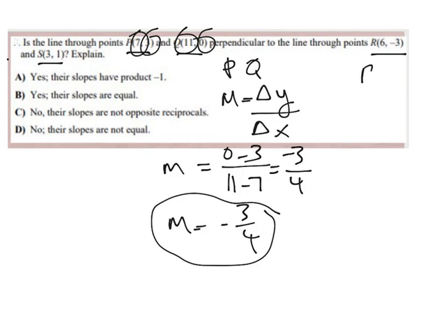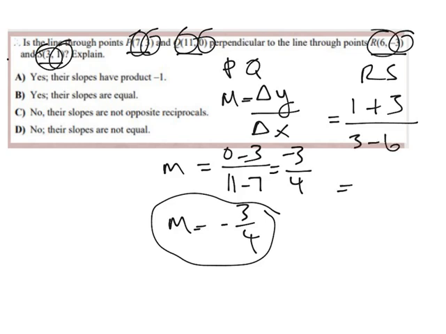Okay, let's figure out our S. Okay, let's use this one here. So it's, again, 1 minus a negative 3 is like saying 1 plus 3. And then 3 minus 6. Okay, here we get 4 over negative 3.